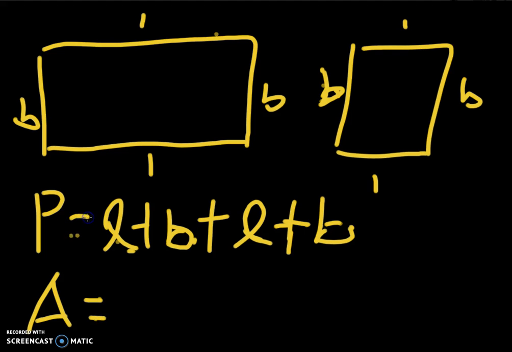Area equals length times breadth. Simple. This is a summary of perimeter and area.